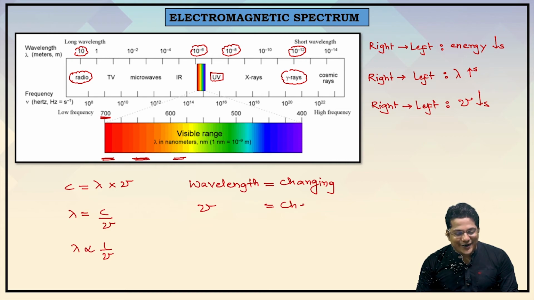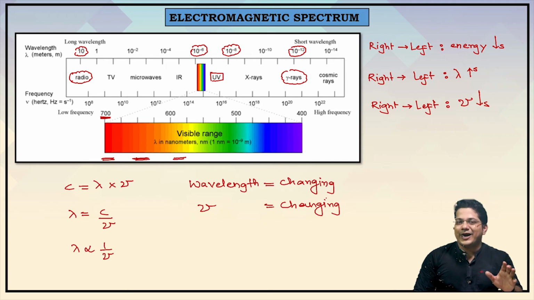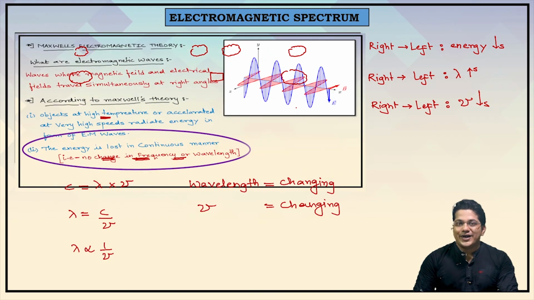But then, do you remember we just did something called Maxwell's electromagnetic theory? And in that theory, if you remember, let me just put a screenshot for you. We have done something saying that the energy is lost or the energy is gained in a continuous manner. And this continuous manner means that there is no change in frequency or no change in wavelength. Right now, what are we observing?